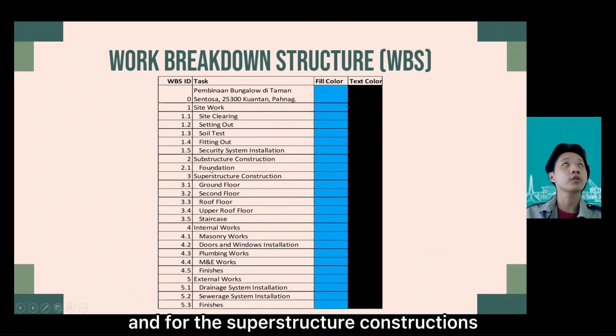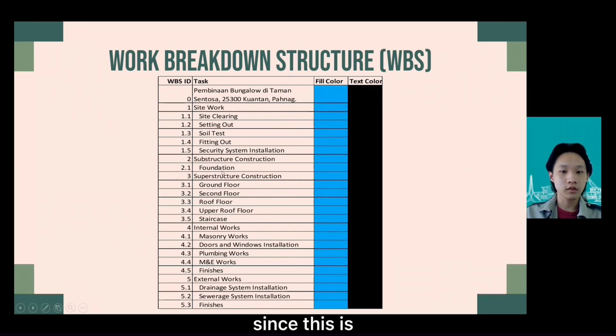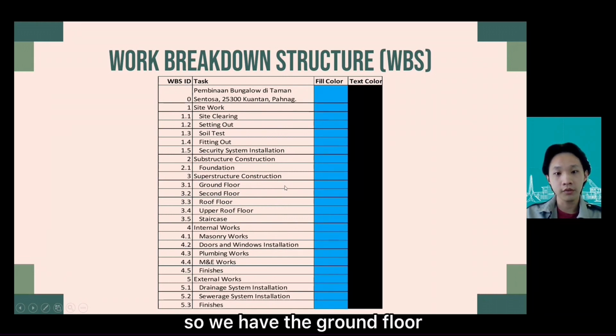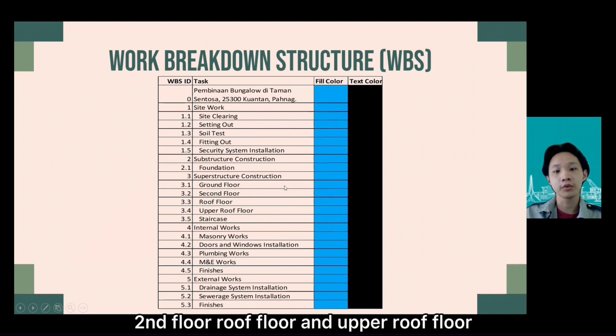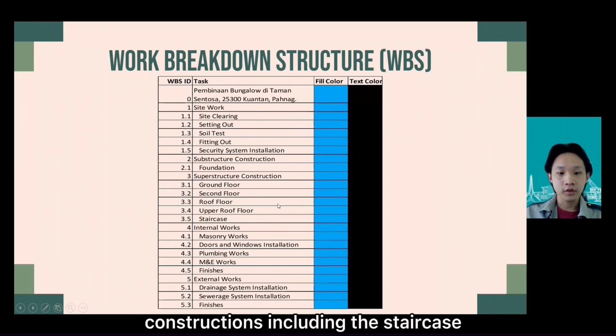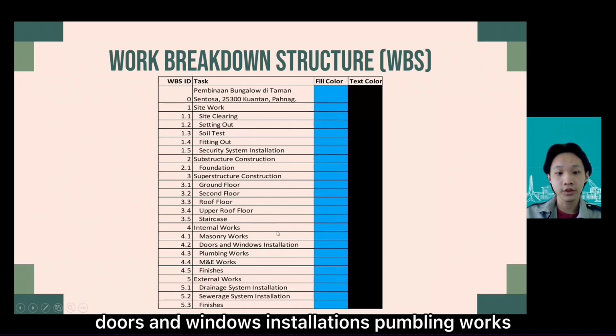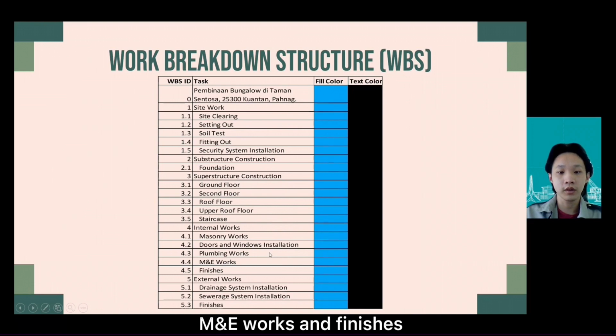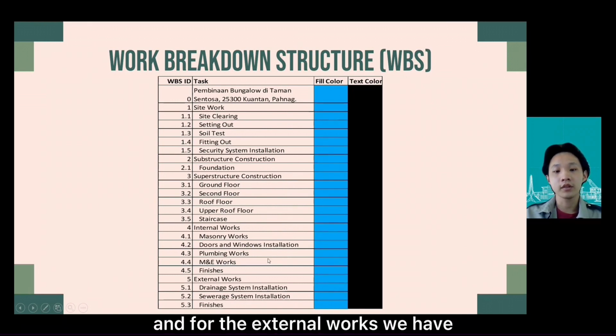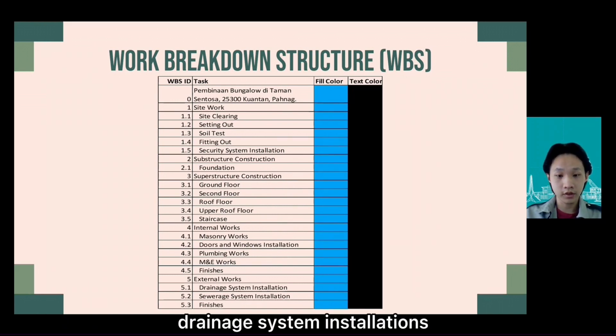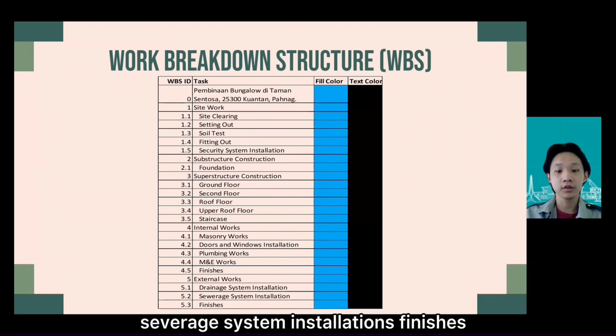For the superstructure construction, since this is a triple-storey bungalow, we have the ground floor, second floor, roof floor, and upper roof floor construction, including the staircase. For the internal works, we have masonry works, doors and windows installation, plumbing works, M&E works, and finishes. For the external works, we have drainage system installation, sewerage system installation, and finishes.